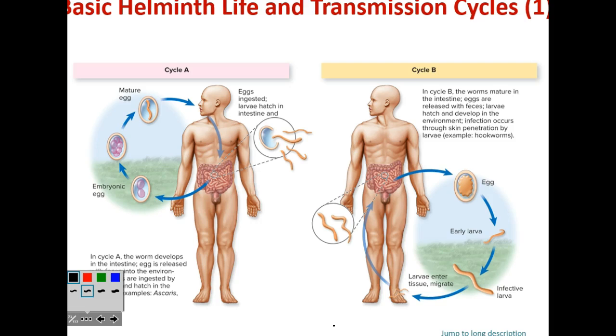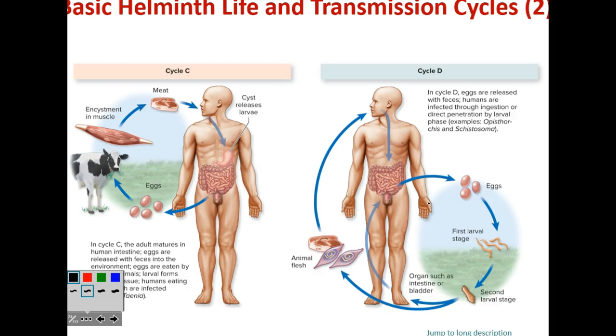Here are the larvae, the infective larvae. There's the egg in the larva, and then it's in your body, and the worms mature in your intestine. The eggs are released with feces. The larvae hatch and develop in the environment. The infection occurs through skin penetration by larvae, like hookworms.